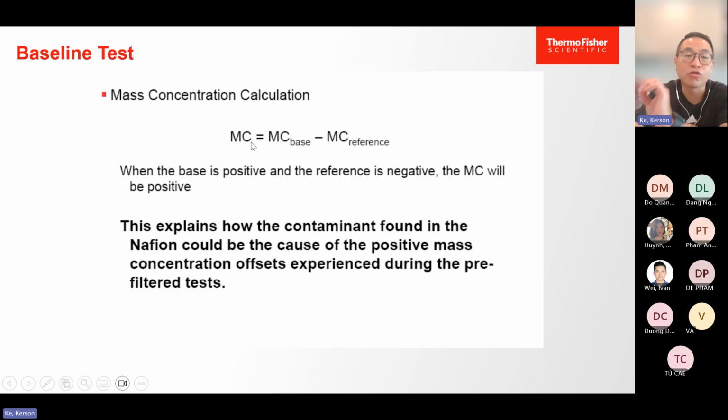The real mass concentration means we take the base mass concentration minus the reference mode. And because the reference mode always gives a negative value, minus and minus become plus, so it will be a positive result for the real mass concentration.